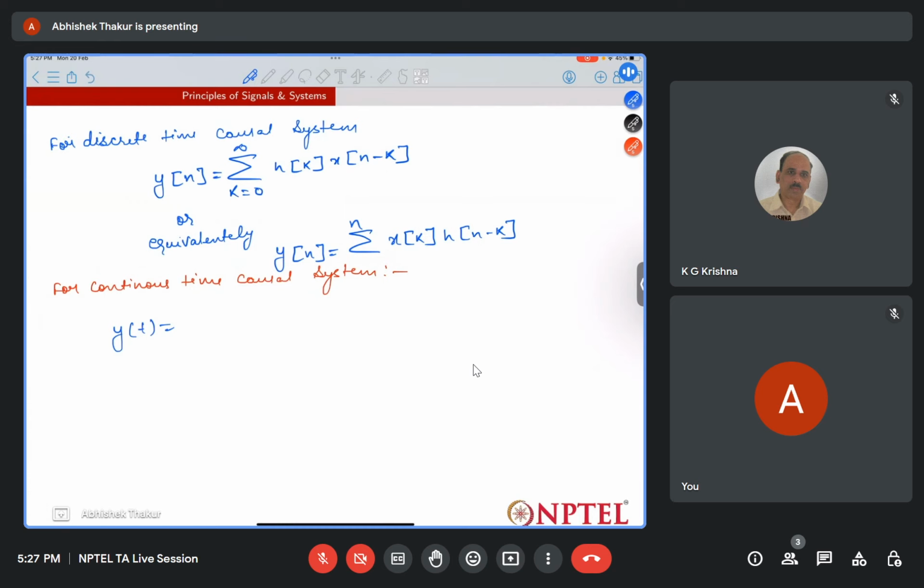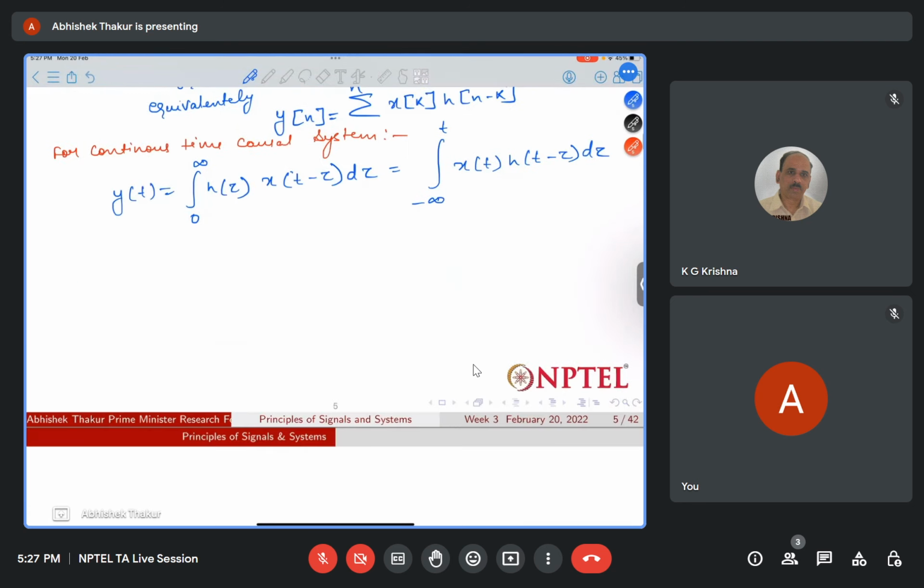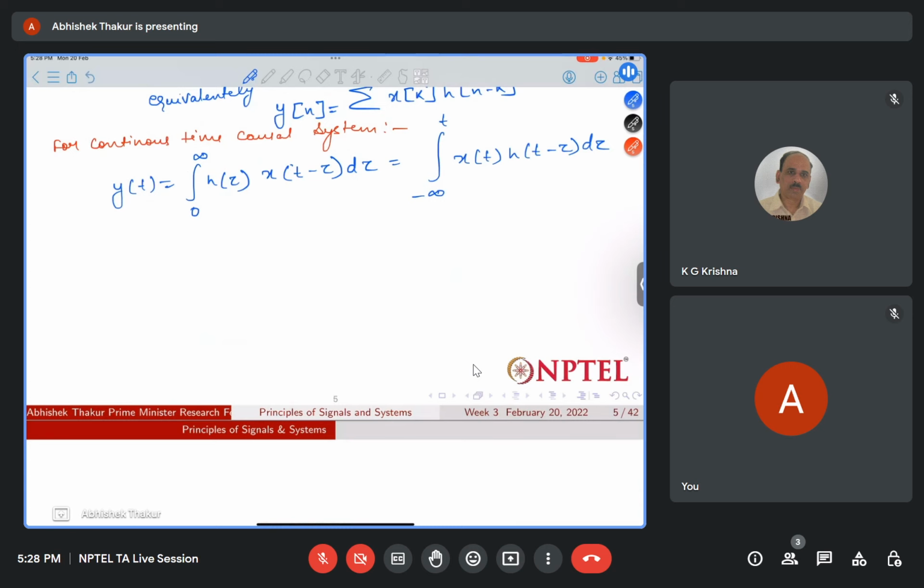We have to just replace them, and the summation will change into integration. So from 0 to infinity, k will change into tau, so h of tau, n will change into t, so x of t minus tau d tau. Or equivalently, we can write minus infinity to t x of tau into h of t minus tau d tau. So this was for the continuous time causal system.